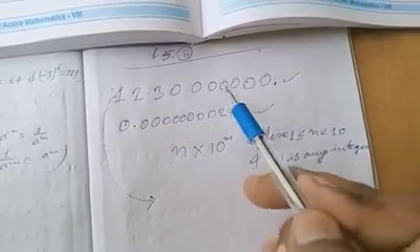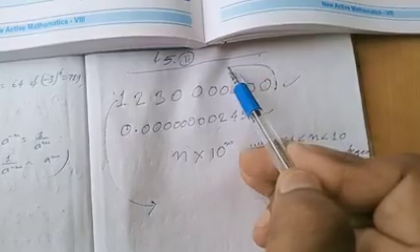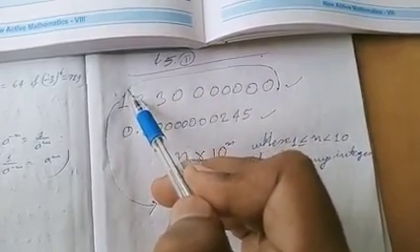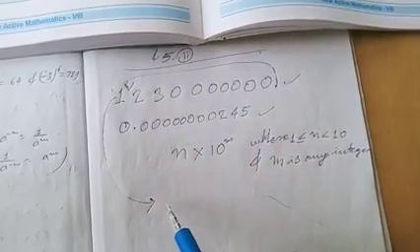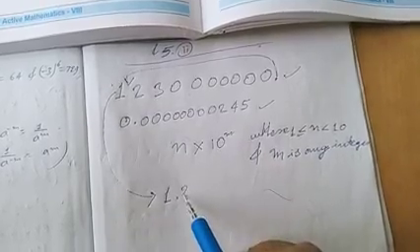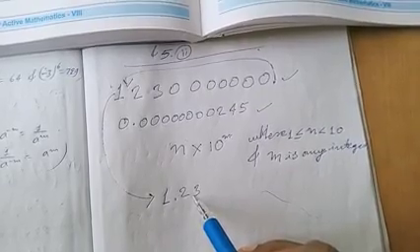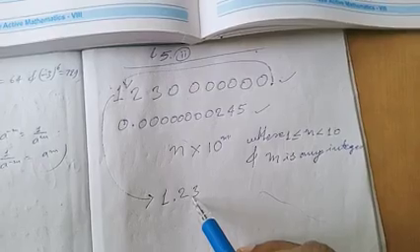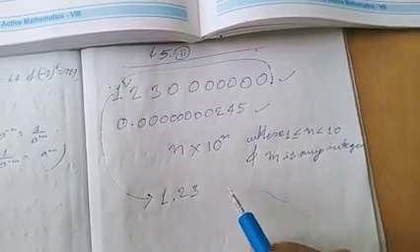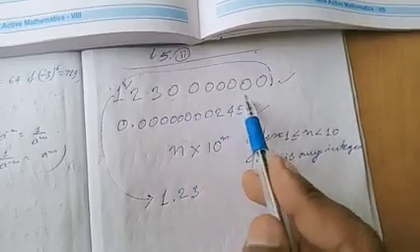How to make it like that? We will shift this decimal point to just after one digit, here, so that we get the number 1.23, and just after the non-zero digits get over, writing zeros after the decimal point is useless, so we will not write all these zeros.